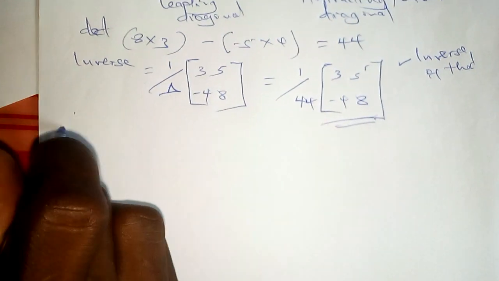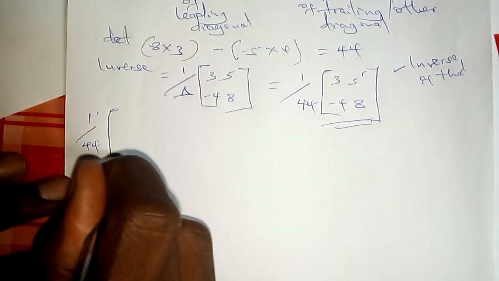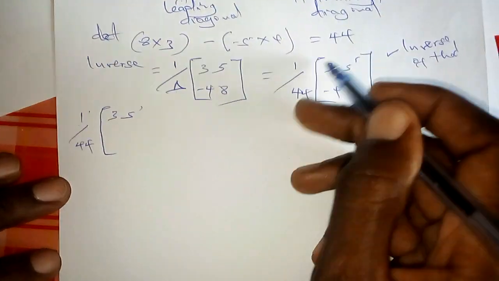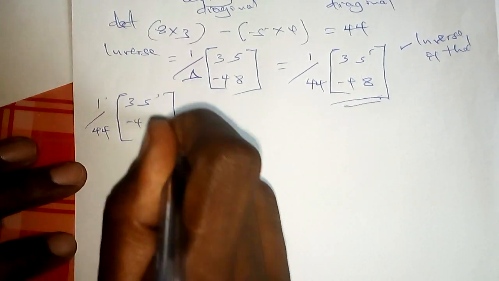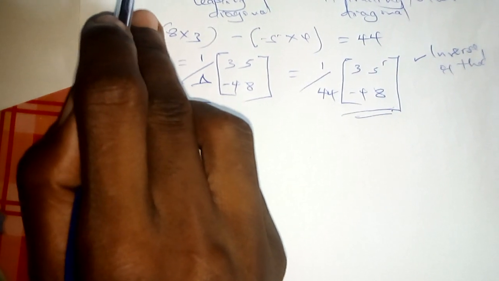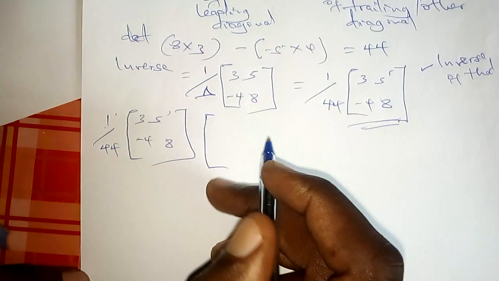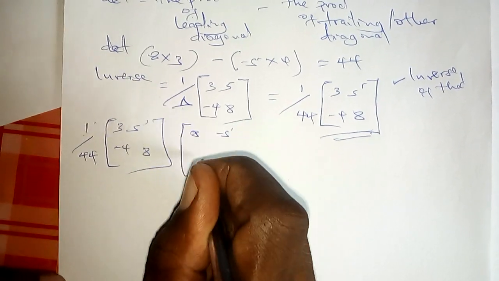So let us attach that one. I got 1/44. This is the inverse. Copy paste the inverse here. It will be 3, 5, negative 4, 8. The previous one is here, 8 negative 5, 4, 3.